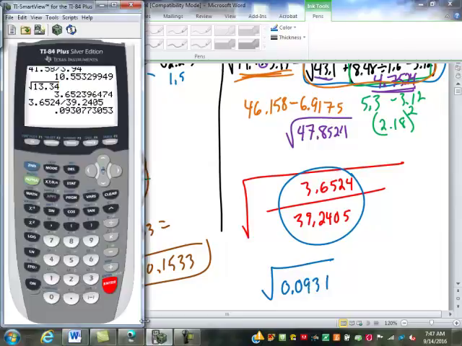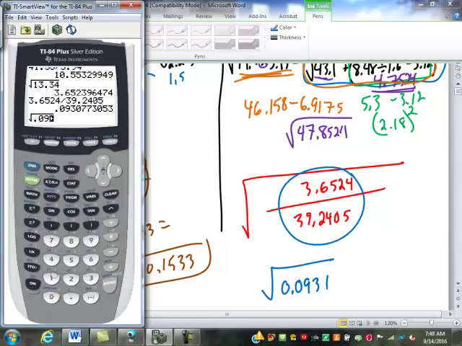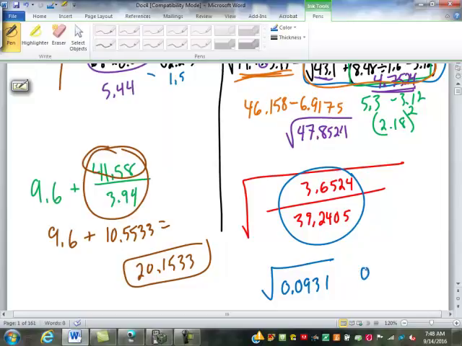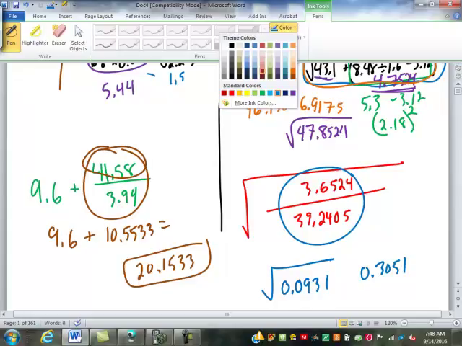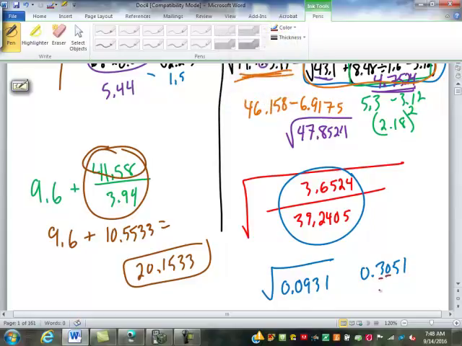Then we square root that. 0.3051. Again, we'd probably end up rounding that to 2 decimal places just because there's only 2 decimal places ever used in the problem. So 0.31 would be my answer.